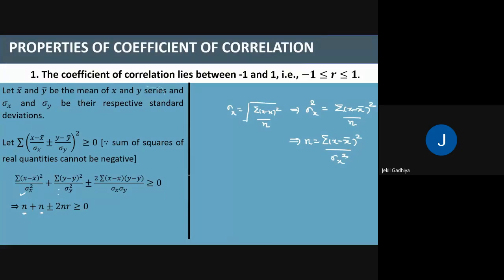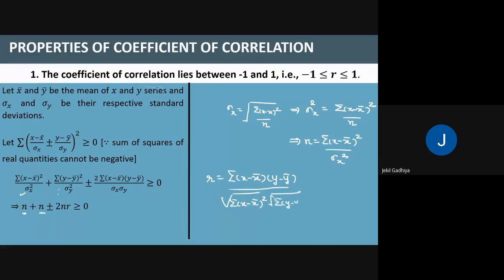Now here you can see that this is the form of r. Look, what is r? R equal to sigma (x minus x bar)(y minus y bar) over square root of sigma (x minus x bar) whole square times square root of sigma (y minus y bar) whole square.